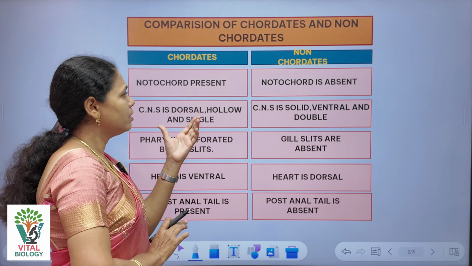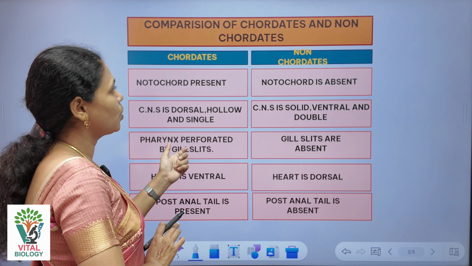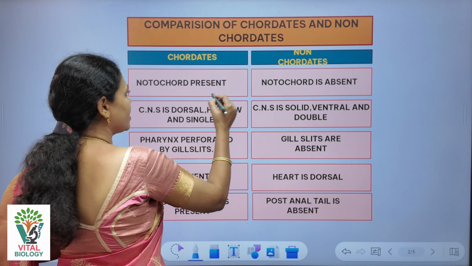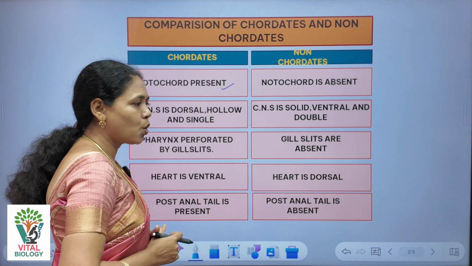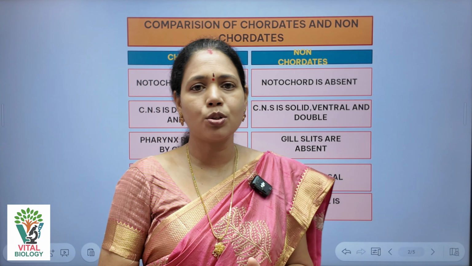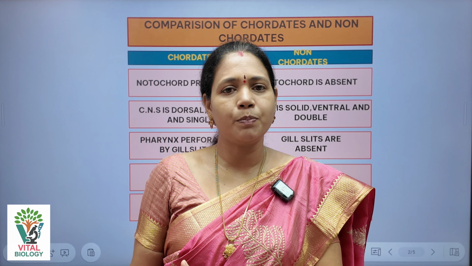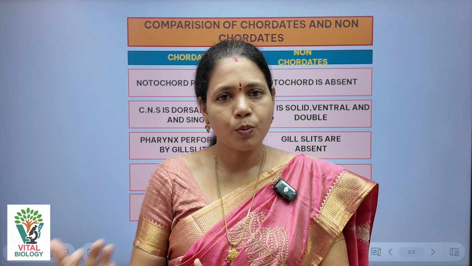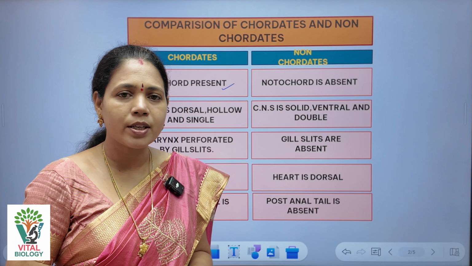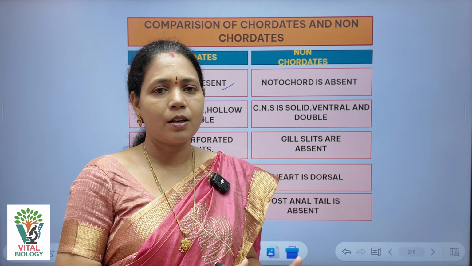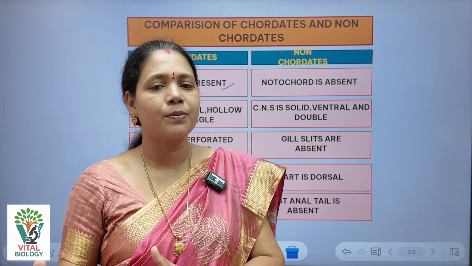Next, the basic differences between chordates and non-chordates. In chordates, as we said, the notochord is present. In vertebrates it develops into the vertebral column, but in primitive chordates it remains just a notochord, either in the larval stage or persisting throughout the life stages.